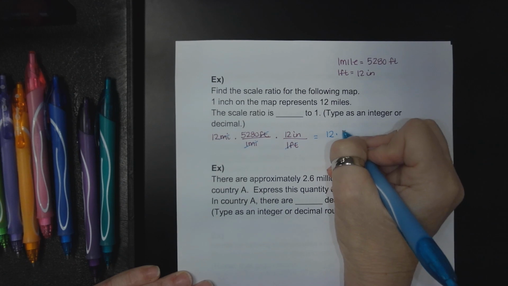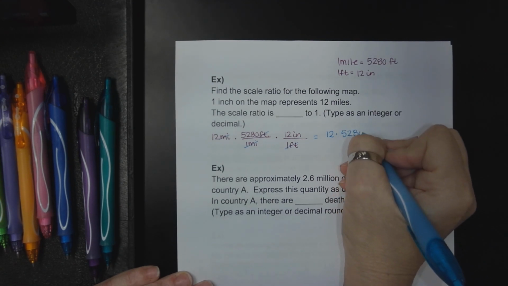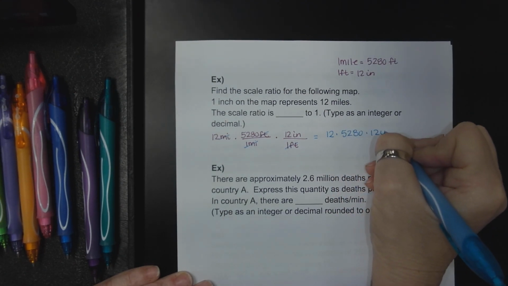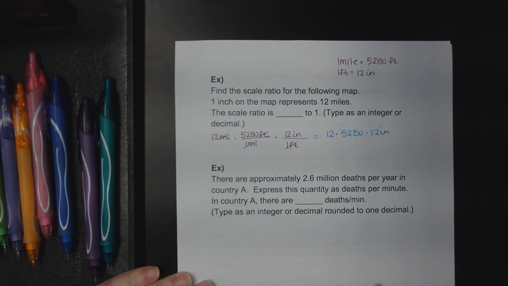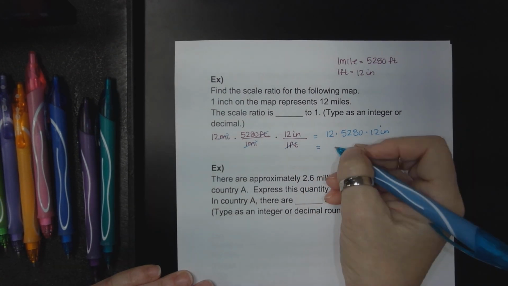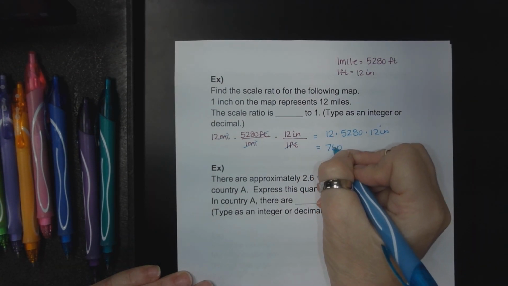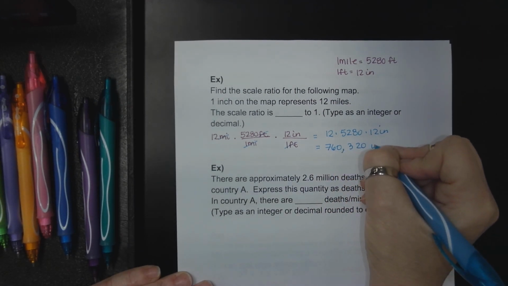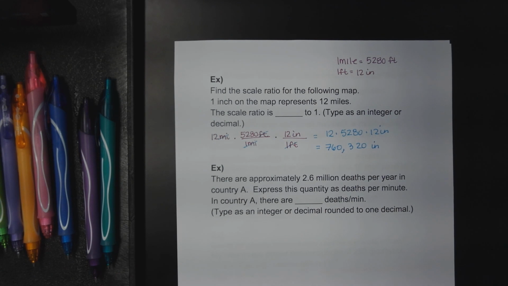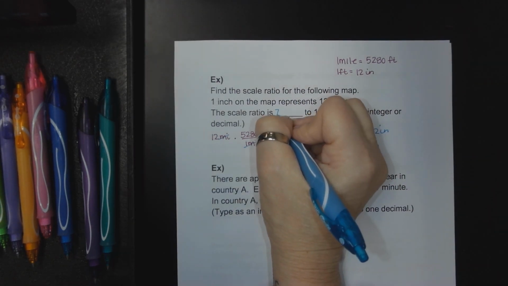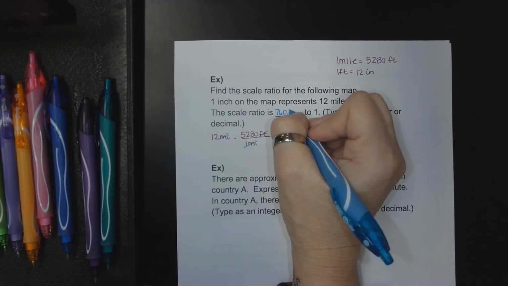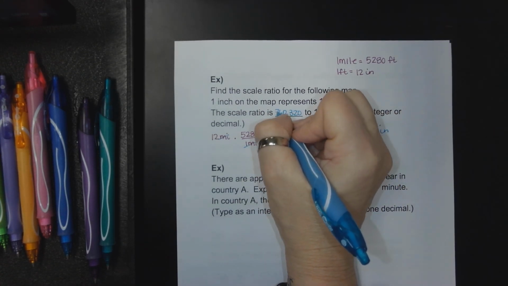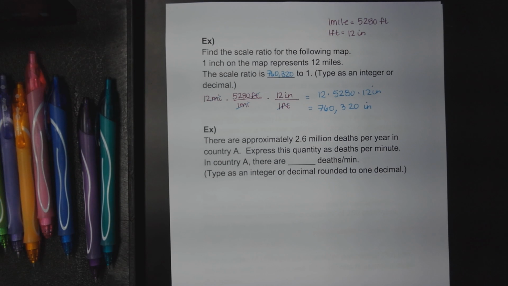It's 12. It's 5,280 times 12 inches. So when you do that math, you're going to get 760,320 inches. So that would be your ratio.